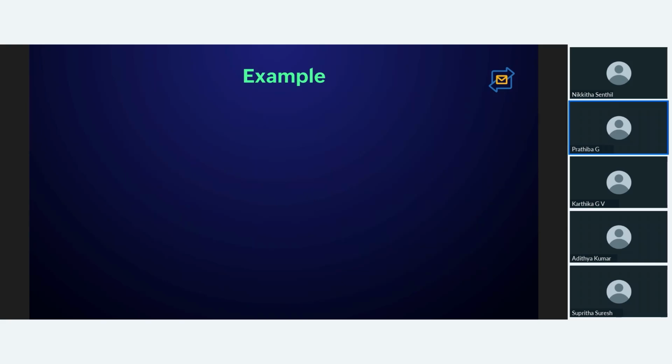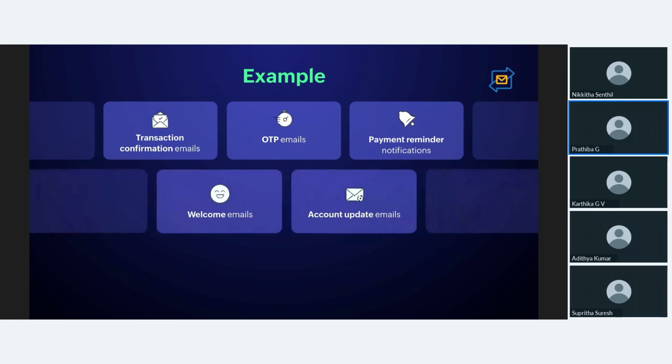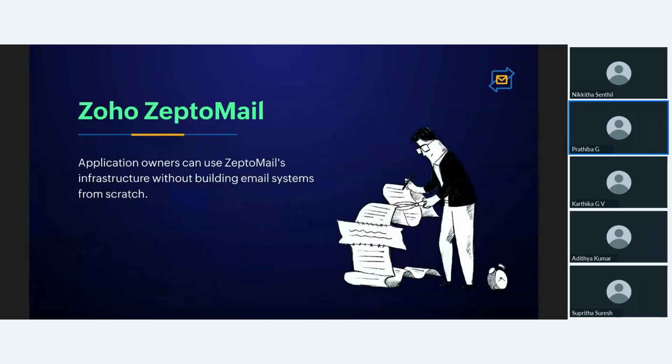Some examples of transactional emails are OTP emails, welcome emails, account update emails, password reset emails, invoices, and more. ZeptoMail essentially comes between the application owners and their customers. These application owners can use ZeptoMail to send these emails without having to build a whole email infrastructure from scratch.